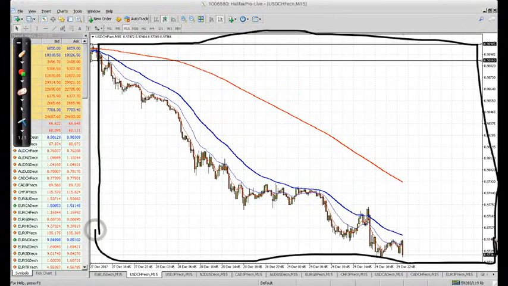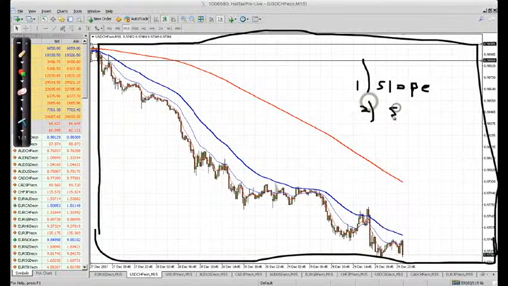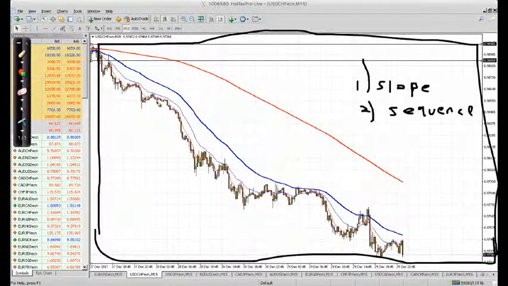So how do I know it's in a downtrend phase? Two things we look at. Number one is the slope of the moving averages. Number two is the sequence of the moving averages. Can you see that all the moving averages are clearly sloping down?